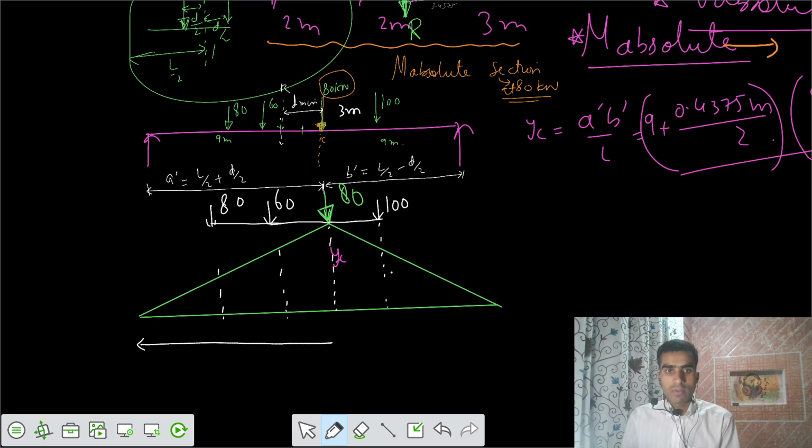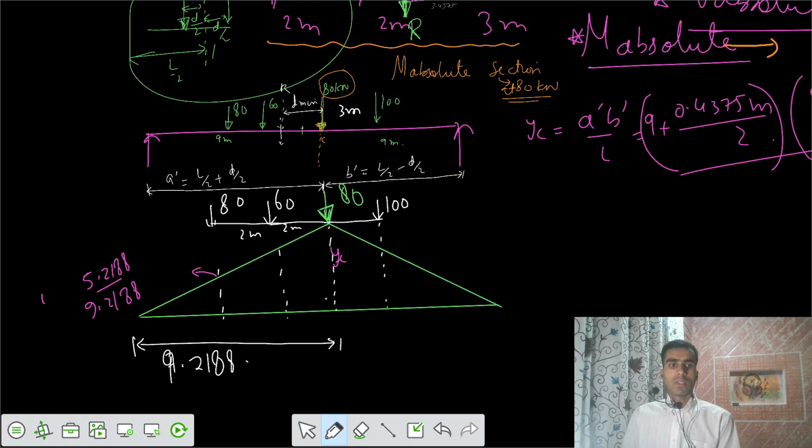This was the length of L by 2 plus D by 2, that is equal to 9.2188. And this length is 2 meter, this is also 2 meter. So I can get the ordinates. This ordinate is 9.2188 minus 4, that is 5.2188 divided by 9.2188 into YC.